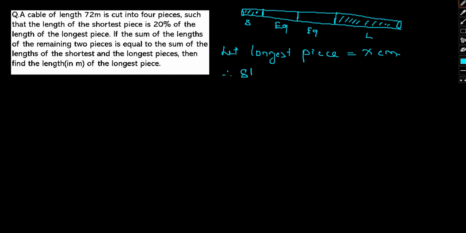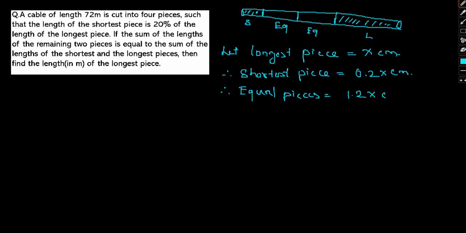Therefore the shortest piece is equal to 0.2x centimeter, and the equal pieces will be 1.2x cm each.